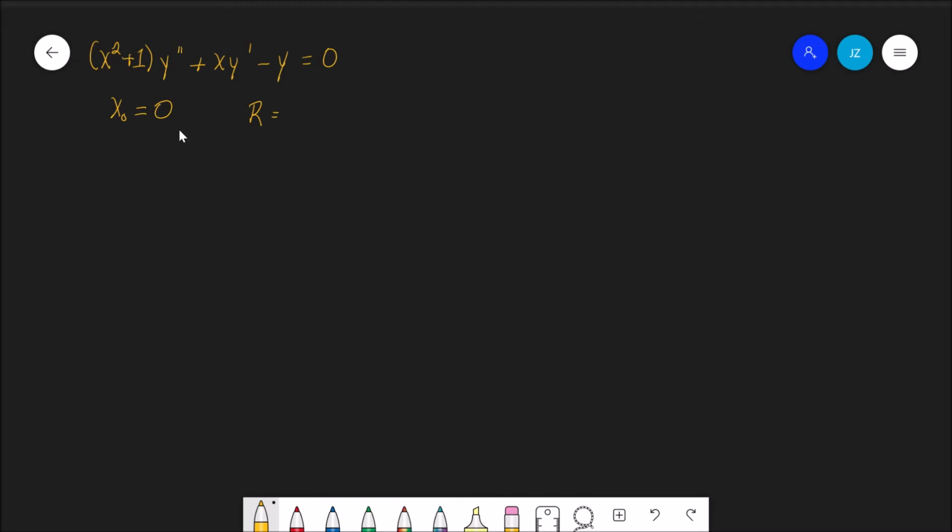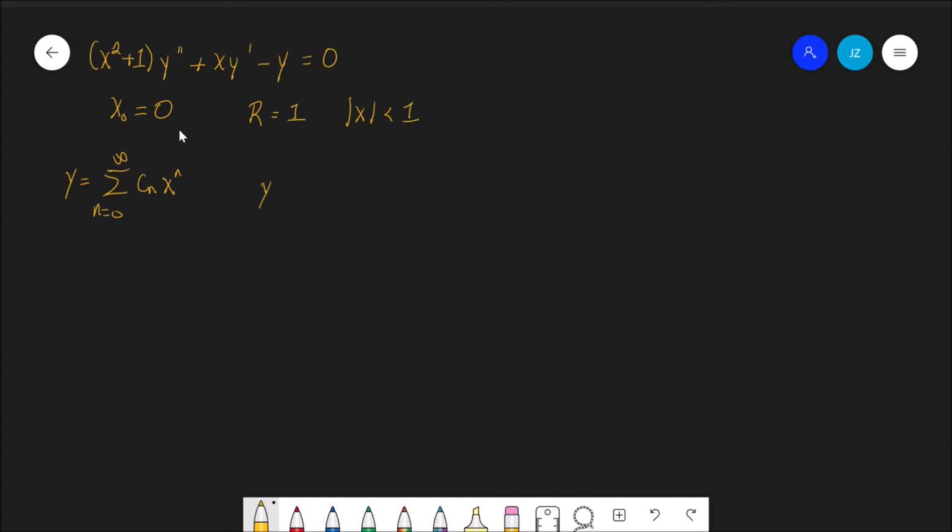And the distance is 1. So our interval of validity will be the absolute value of x less than 1. So our solution will have the form the sum n equals 0 to infinity c n x to the n.